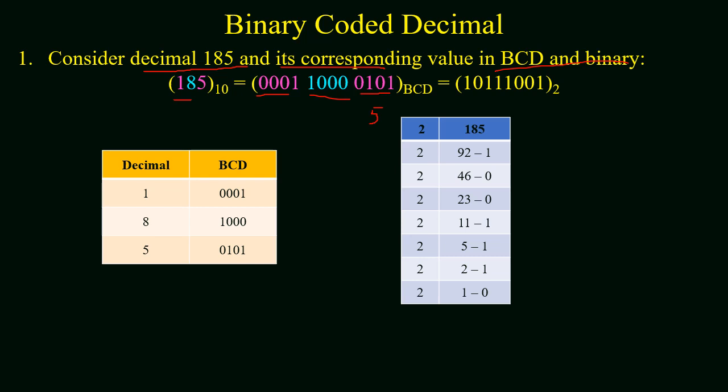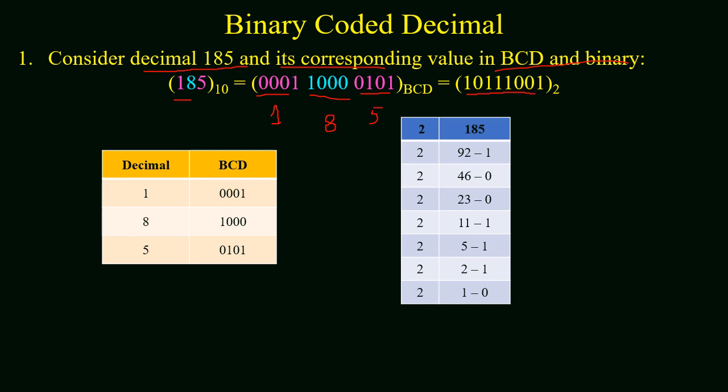Then we have 8 and its BCD is 1000, and the most significant digit is 1, so its corresponding BCD is 0001. So here we have a BCD code of 12 bits for a 3-digit decimal number.